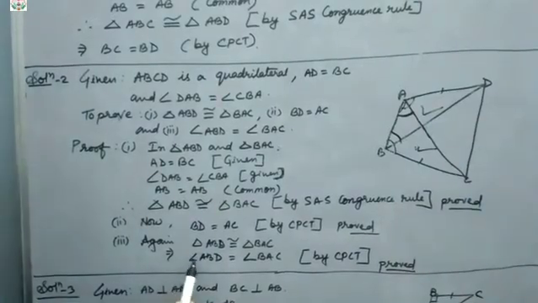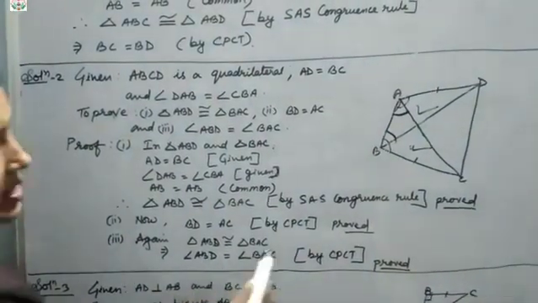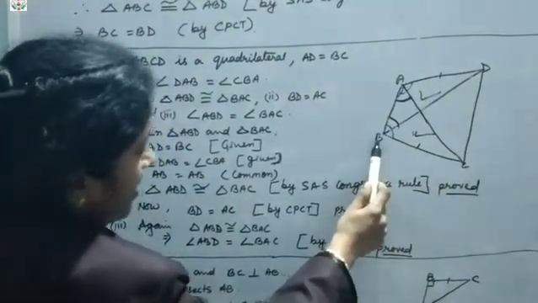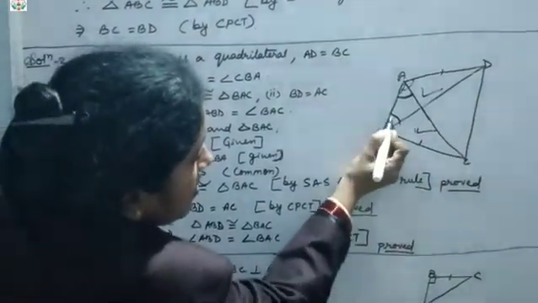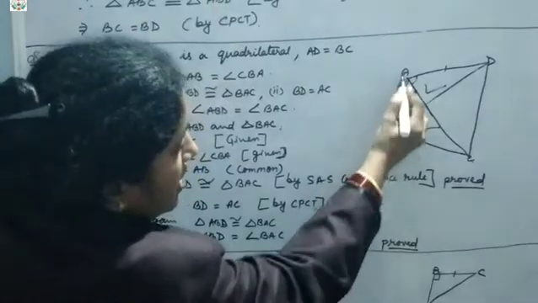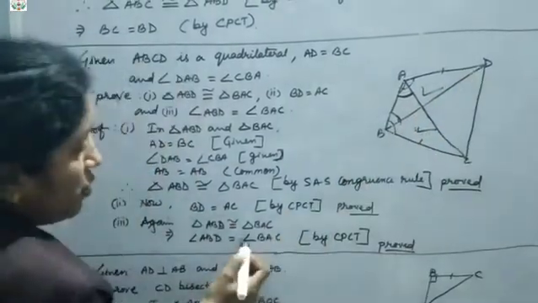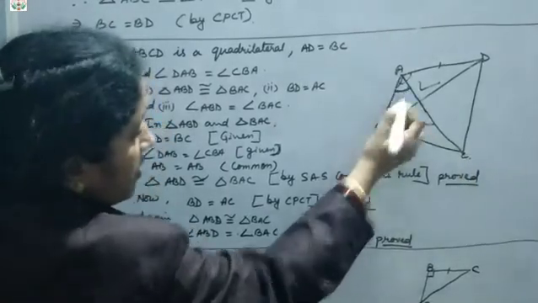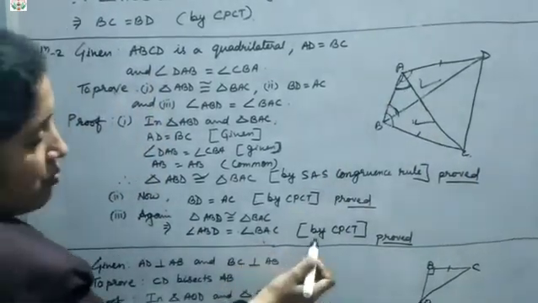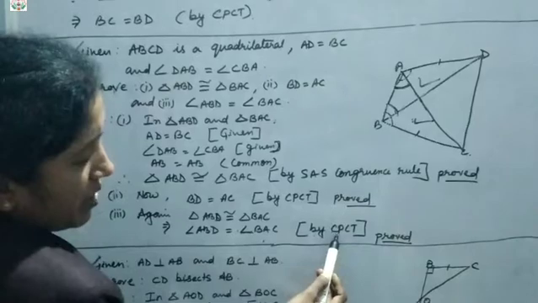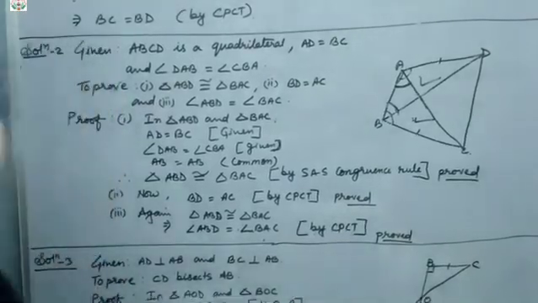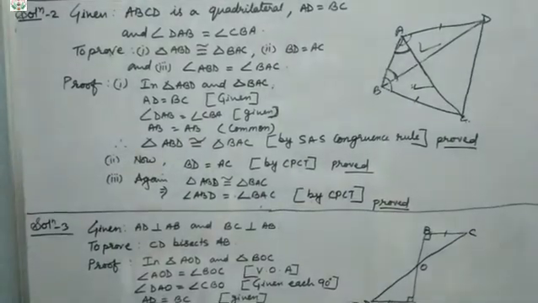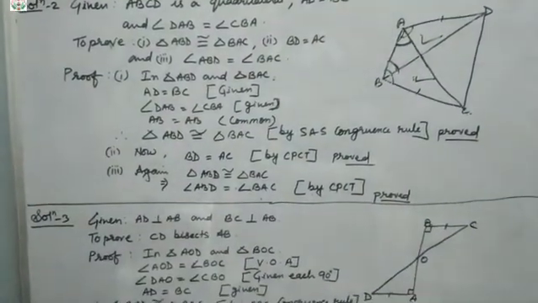That is why angle ABD, this one, is equal to angle BAC, this one. Okay, by CPCT, corresponding parts of congruent triangles, they are also equal. So we proved all the three parts.